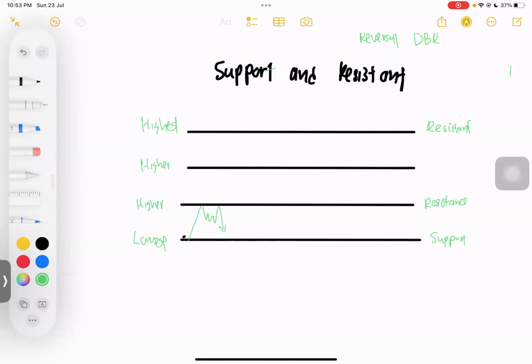When the price touches the resistance, it will come down with the sellers. The sellers will push down the price. When the price touches the support, it will go up. Why? Because the buyers push up. This is a theory. When the price touches the support, the buyers come in.